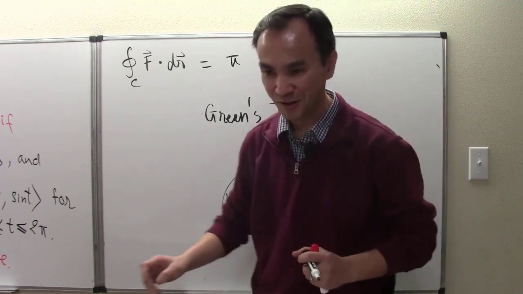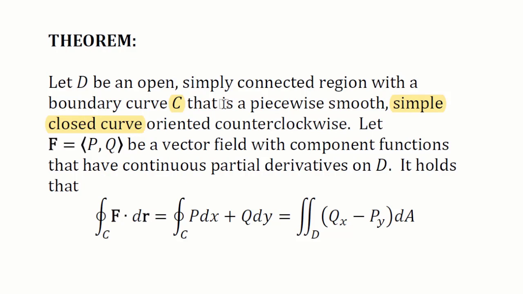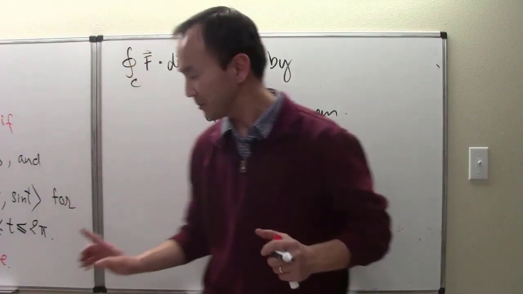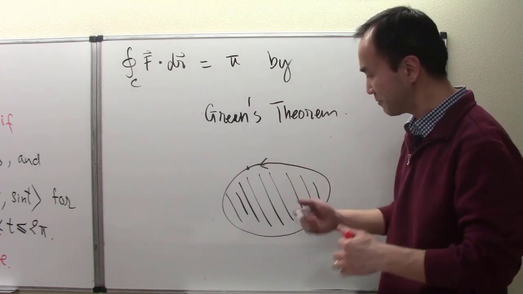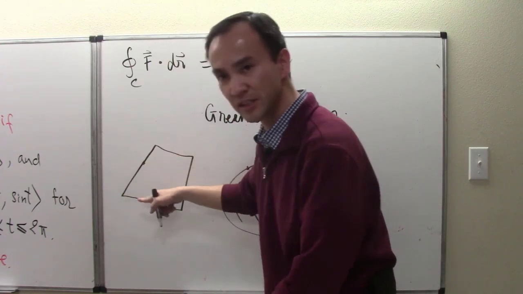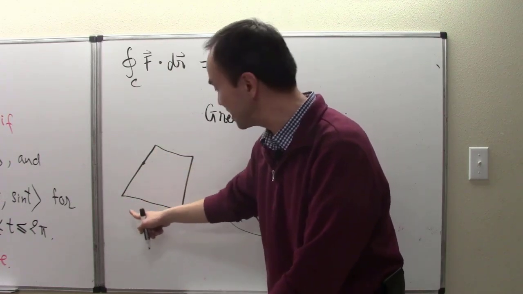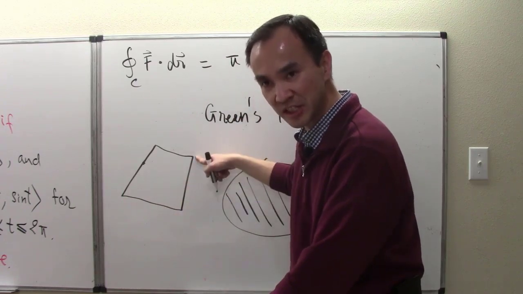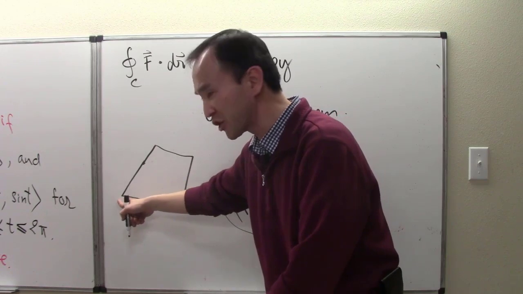Now, piecewise smooth: the version I'm drawing right here is a nice smooth loop going around, but it could be something like this. This is still a simple closed curve, but piecewise smooth, meaning one piece is going smooth, another piece is going smooth, but there are still some corners, some sharp turn somewhere.